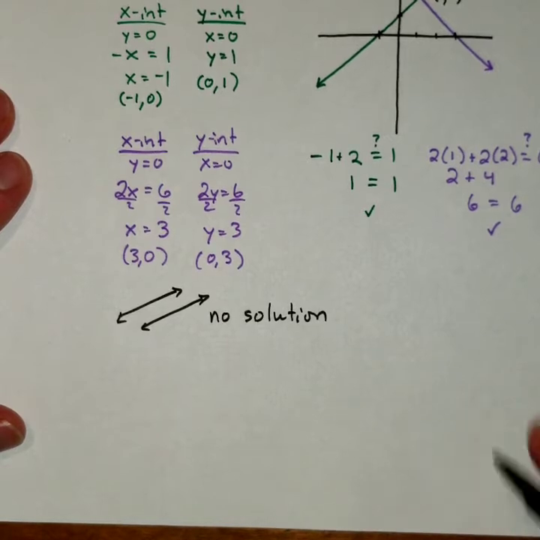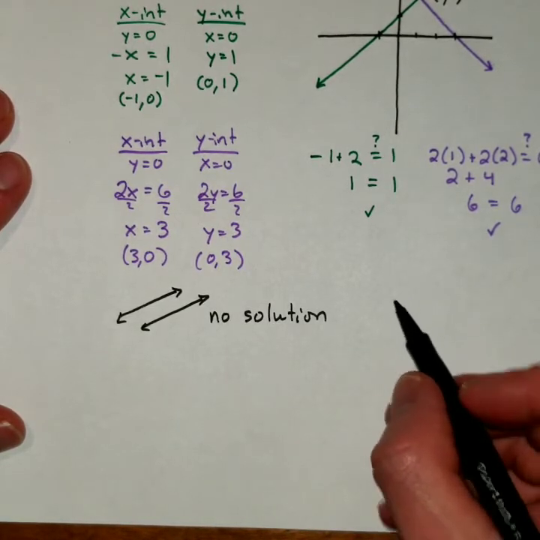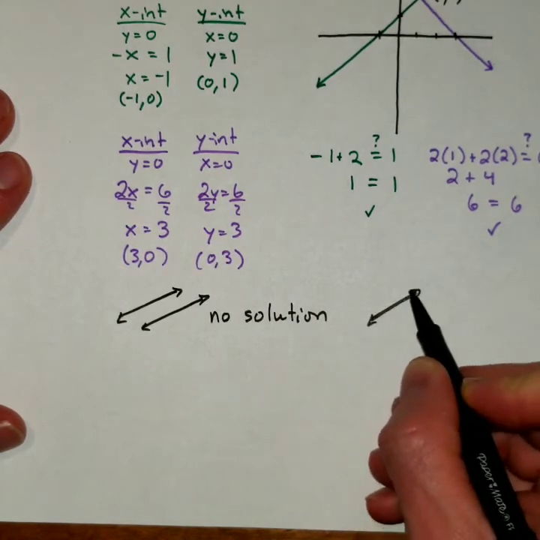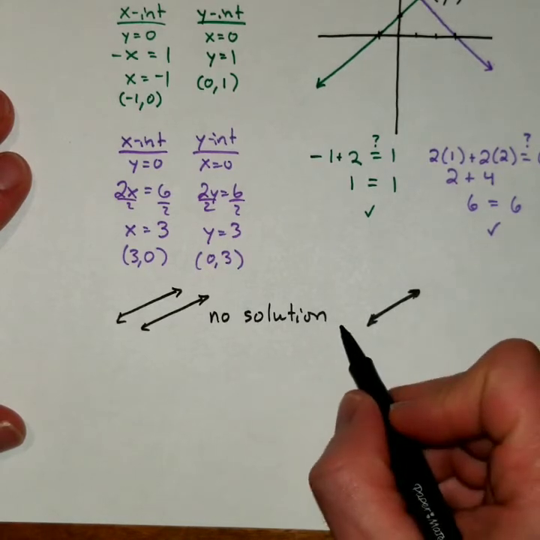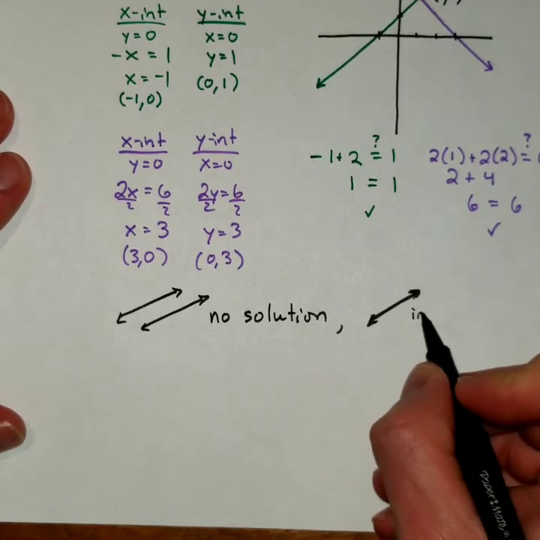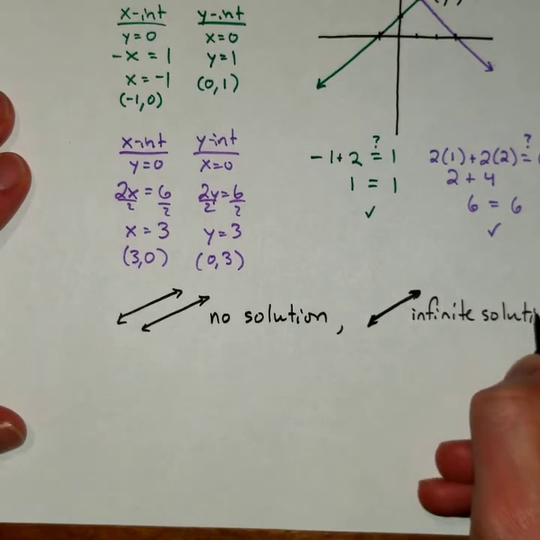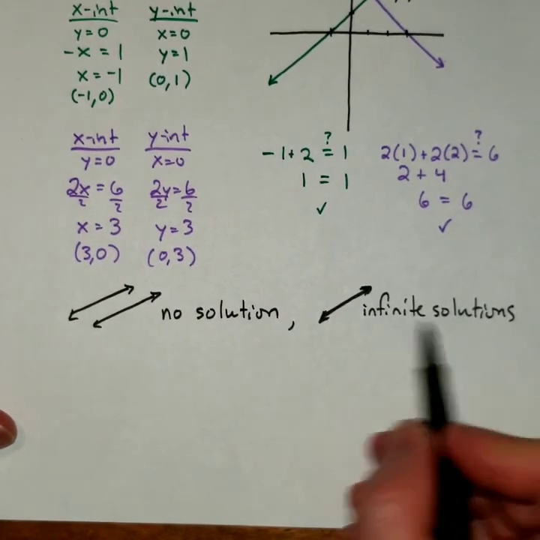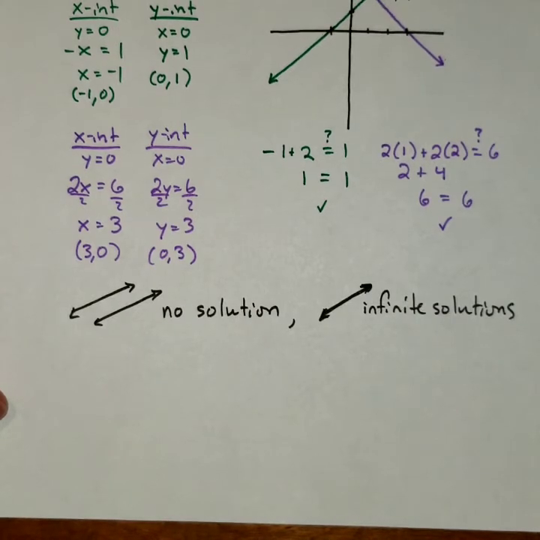The other situation is where you have two identical lines. It's really two copies of the same thing. Okay, and those would be infinite solutions, because every point on the line is an intersection. The two lines coincide.